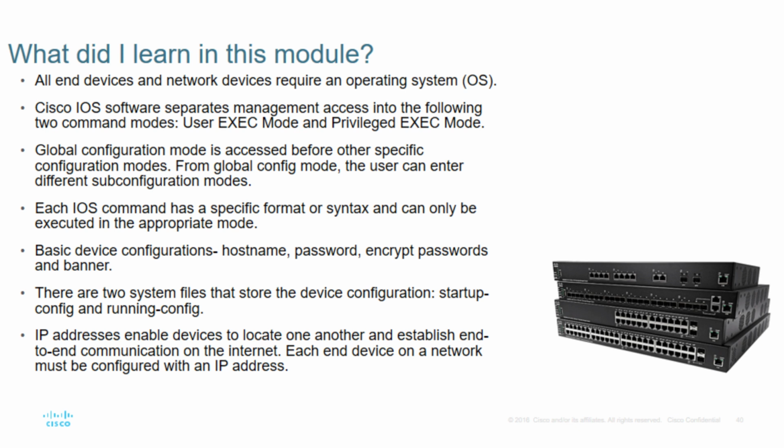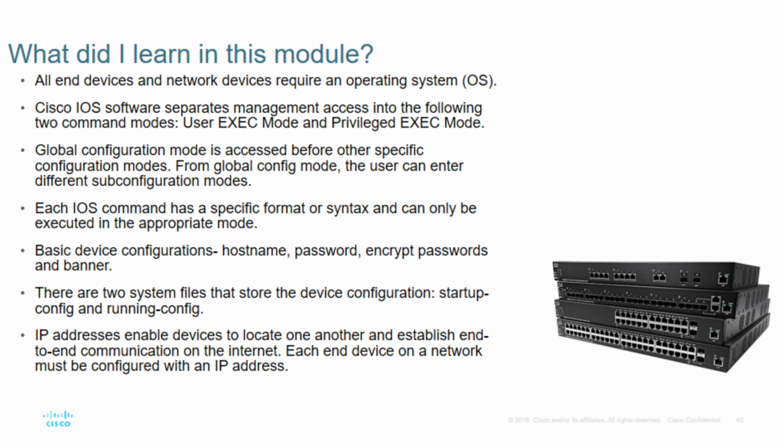From global config mode, the user can enter different sub-configuration modes. Each IOS command has a specific format or syntax and can only be executed in the appropriate mode. And basic device configuration: hostname, passwords, encrypt passwords, and banner.